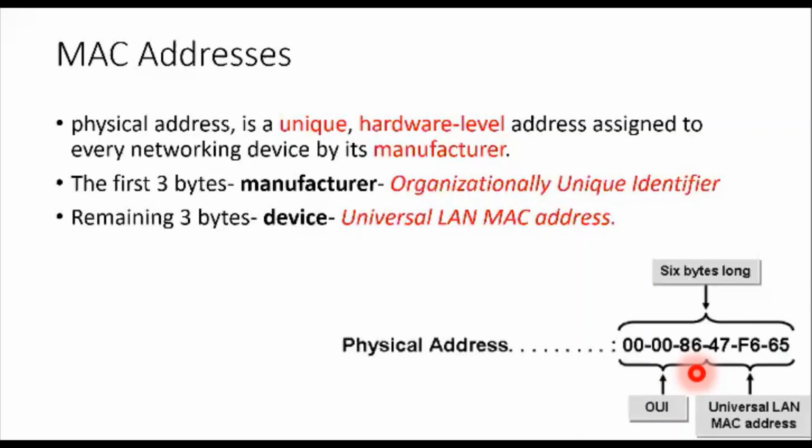So the roll number is divided into the year and the particular student portions. The MAC address also works like this: the first 3 bytes represent the manufacturer, and the remaining 3 bytes represent the device. In total, you have 6 bytes, which is 48 bits.